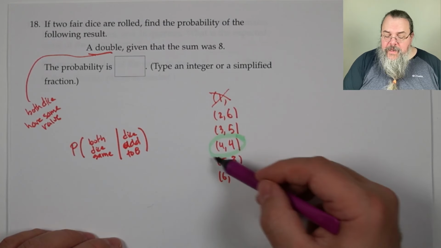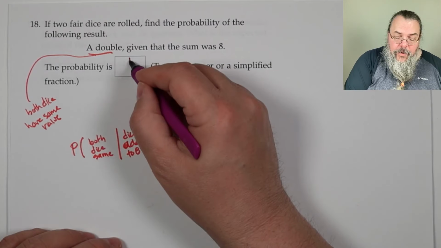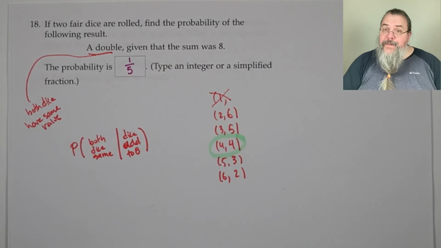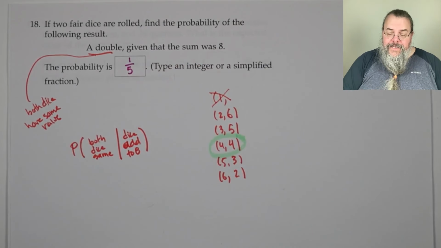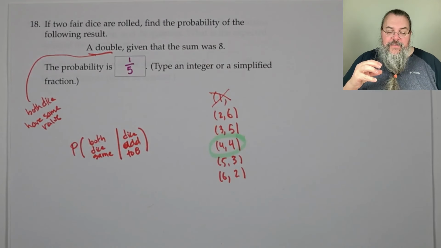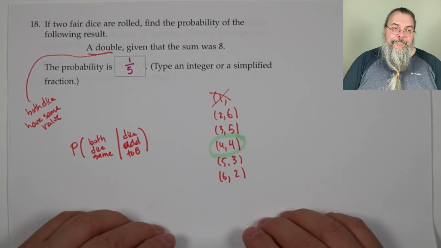One of them has a double, so the answer is a 1 out of 5 chance. And that is the probability that we roll a double, given that the sum is 8. Right? Shrink your space down to the possible situations where that occurs, and then say, okay, among those, how many gives us the right value?